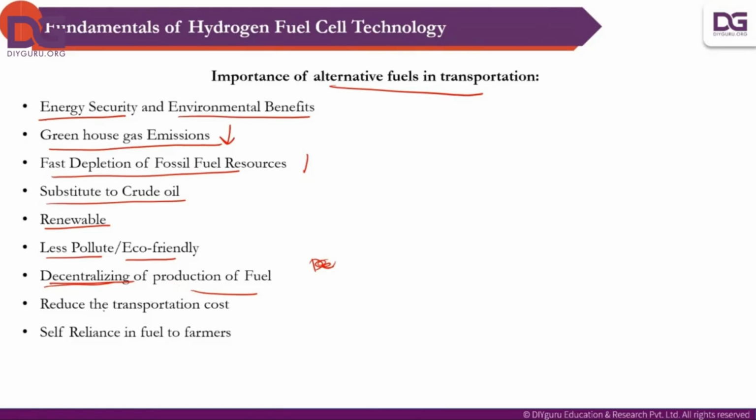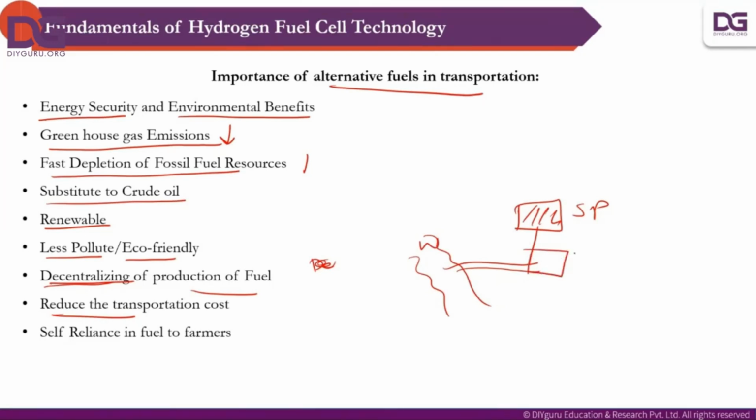Next, we can reduce the transportation cost also. Suppose at your home you implement a solar panel, and you have water supply maybe directly from some natural river. You have the electricity from solar panels, and you are taking water.